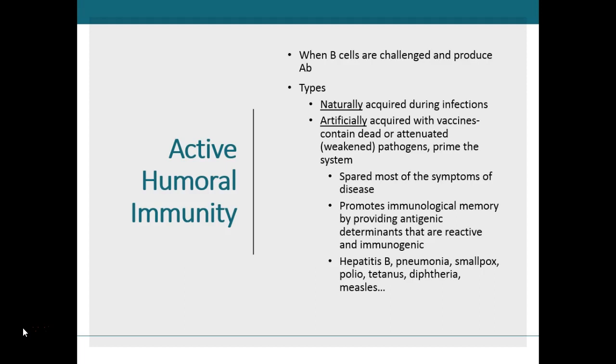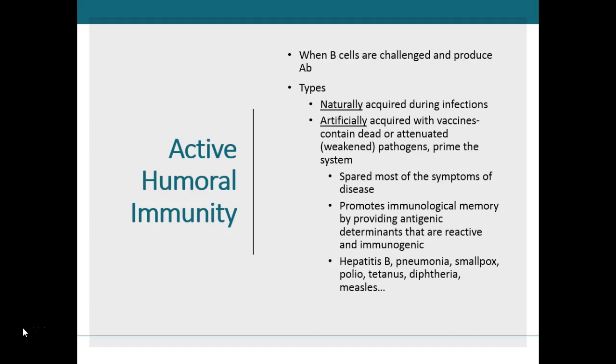The microbes are weakened to the point that they don't cause you illness. So you've activated your B cells, you've activated your T cells because of that vaccination that contained the microbes. So you've made immune system cells, you've made memory cells. So later, when you encounter the living pathogen, a microbe that can infect your body, you have already produced those memory cells and can initiate that secondary response.